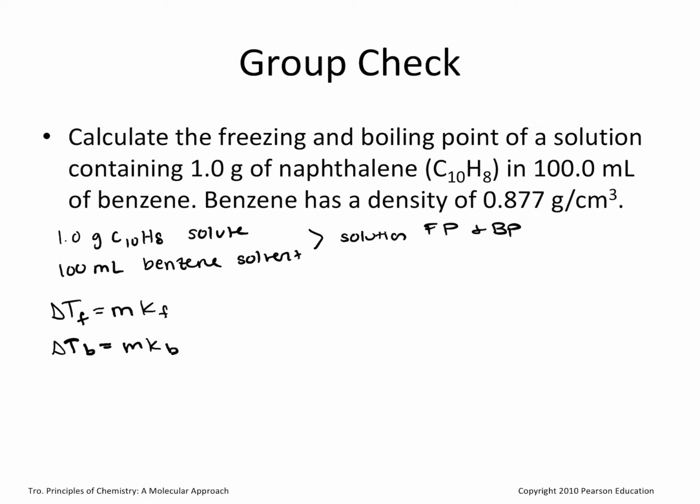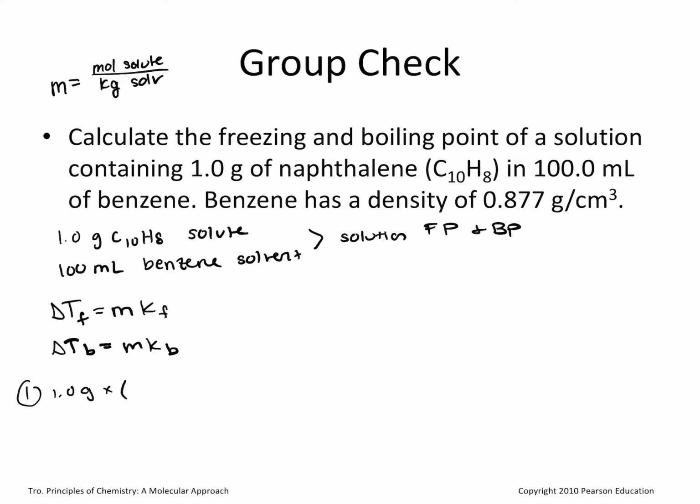You want to know the freezing point and boiling point of this solution. To find my elevation and my depression, I need my molality and my constants. I can find my molality: it is the moles of my solute over the kilograms of my solvent.